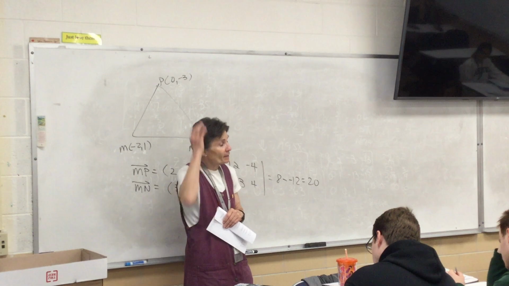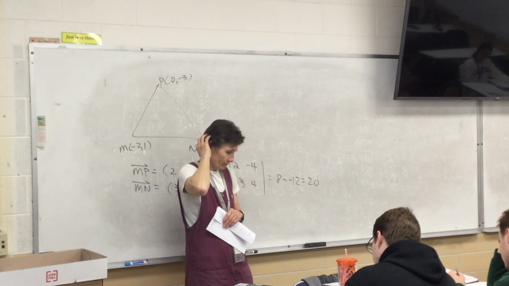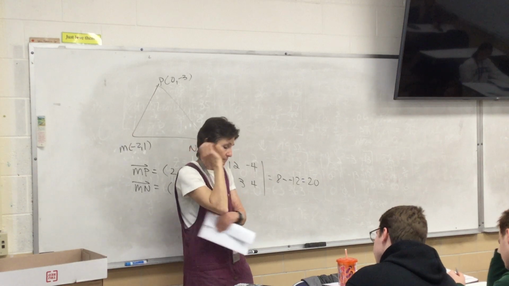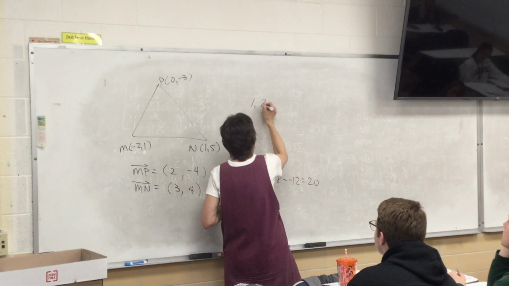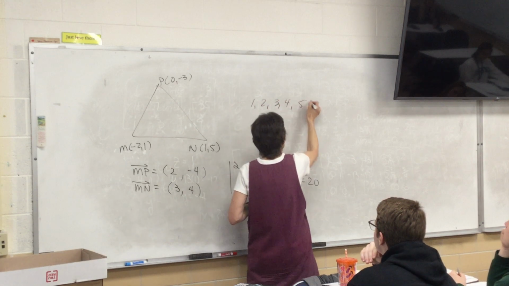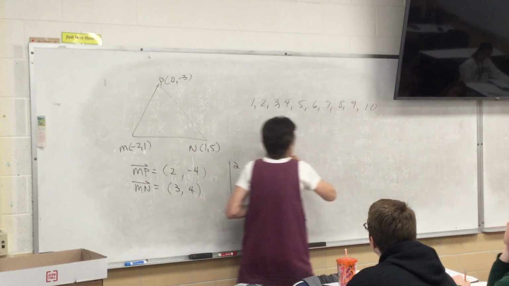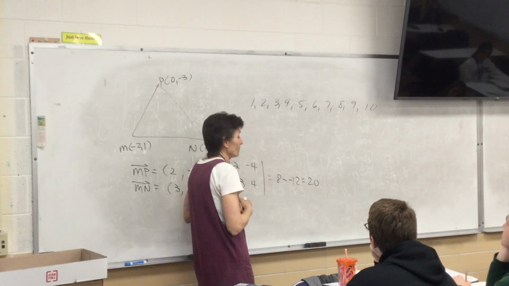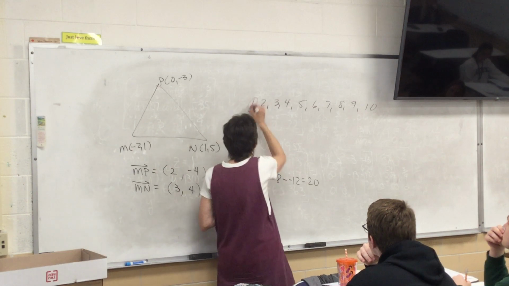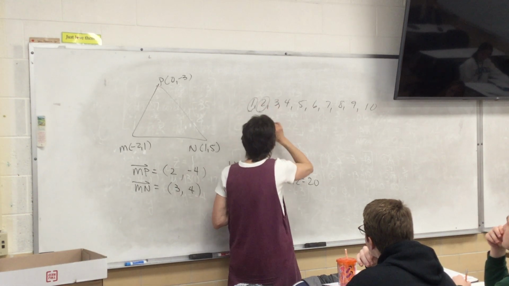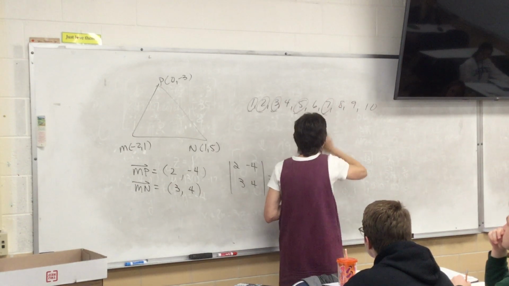So you've got to know what prime numbers are. 4. All right, so 1 and 10. So 1, 2, 3, 4, 5, 6, 7, 8, 9, 10. Which ones are prime? Let's circle them. 1, 2, 3, 5, 7.